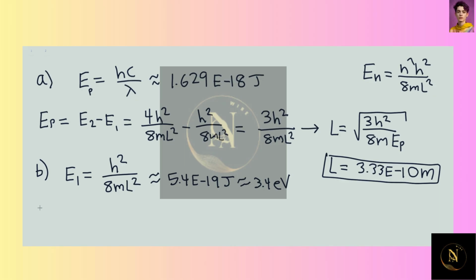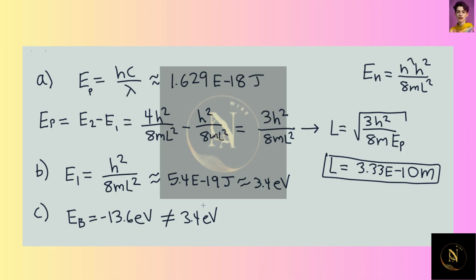Comparing this to the Bohr atom, the ground state of a hydrogen atom given by the Bohr equation is, let's say, E_B equals negative 13.6 eV, which is definitely not 3.4 eV. So we got an inconsistency.